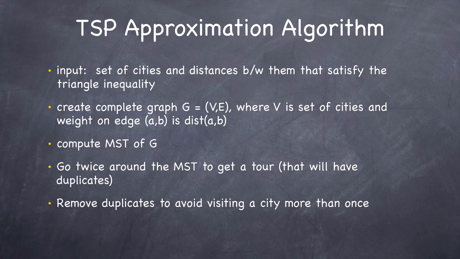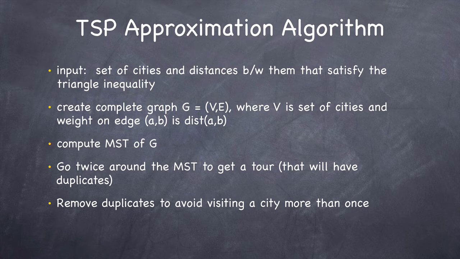Then we compute the minimum spanning tree of this graph. Then, in a way we are going to explain next, we go twice around this minimum spanning tree to get a tour, and this tour will have duplicates. So then we remove the cities that we visit more than once and get a tour which goes to every city precisely once.